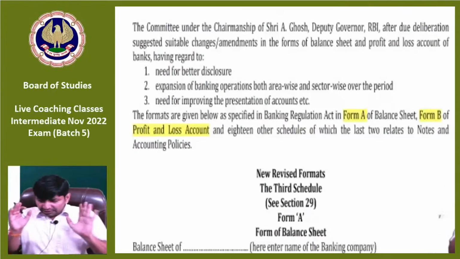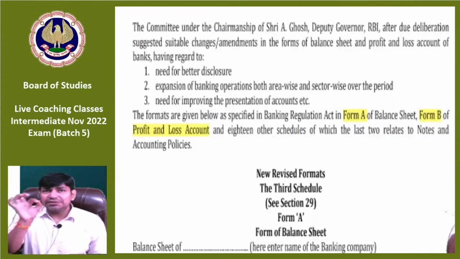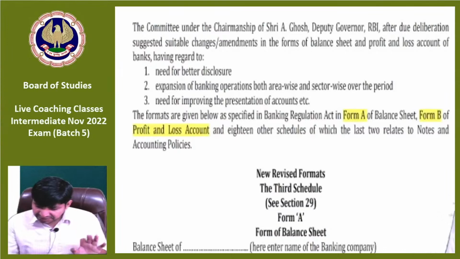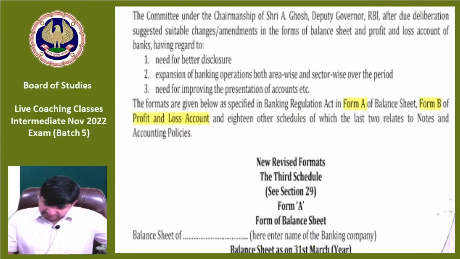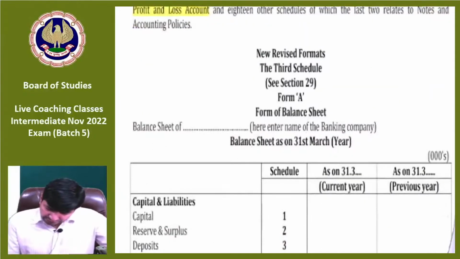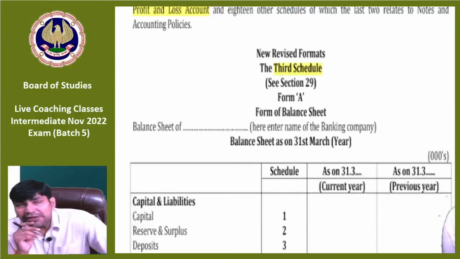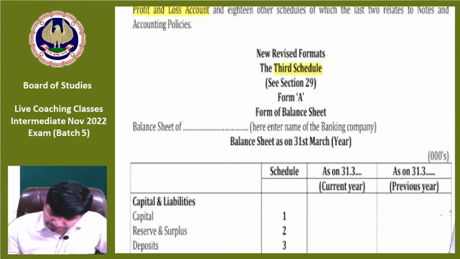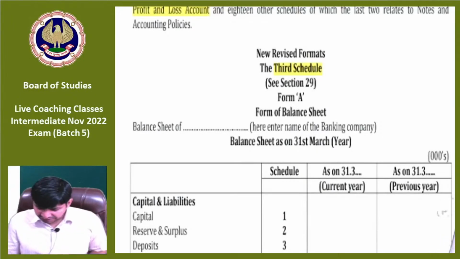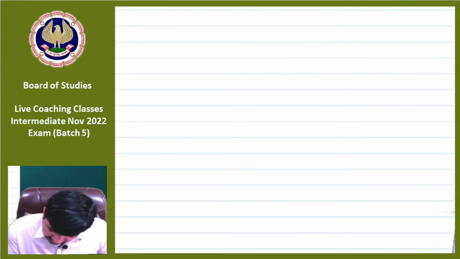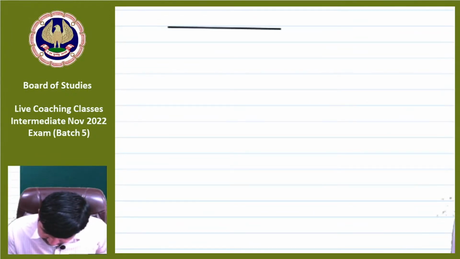Okay, beta. Now, in practical life, you have to just mention the figures directly in the form. That's the reason it is called format. Here is also schedule 3rd of Banking Act. Okay, beta. See, in case of balance sheet, only things have been designed in the same way as in case of schedule 3rd. See, listen to me very carefully.